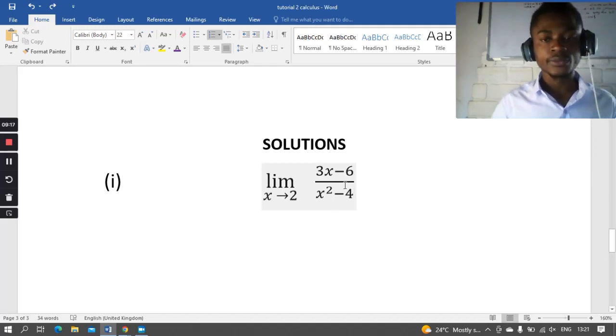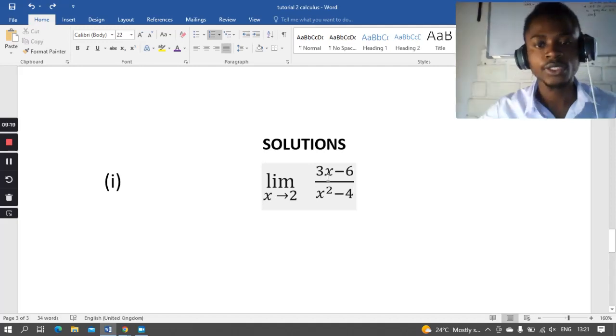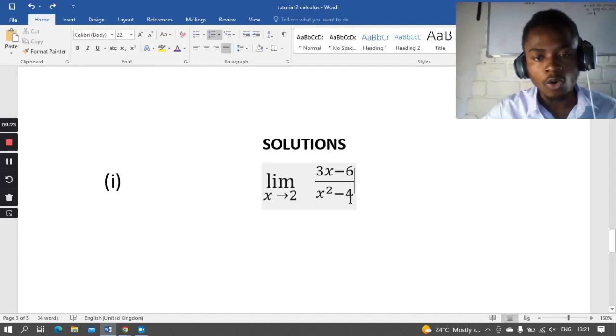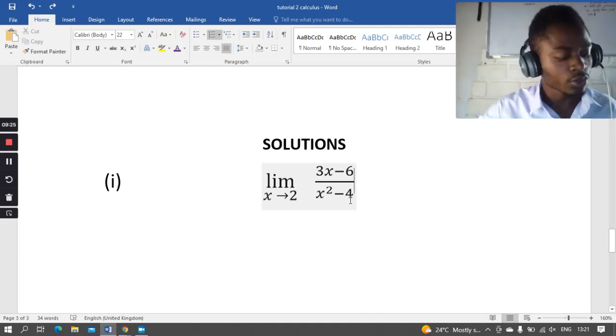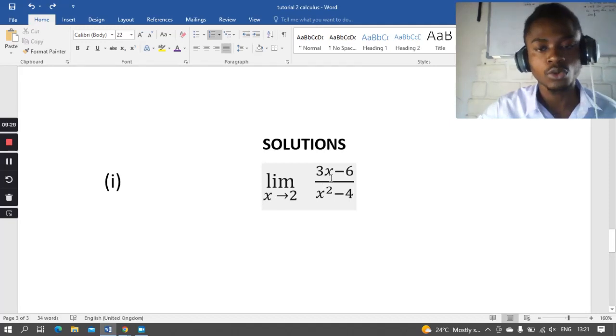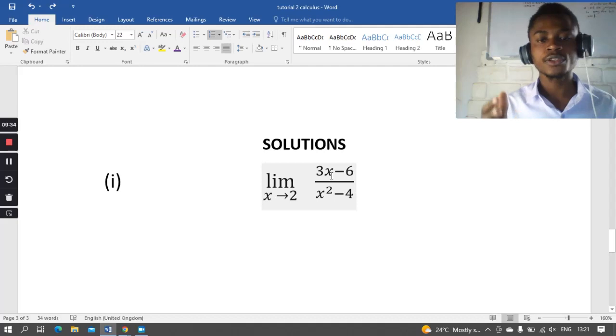Now look at this question: 3x minus 6 over x squared minus 4. We need to replace x with 2. Where there is x, we put 2.